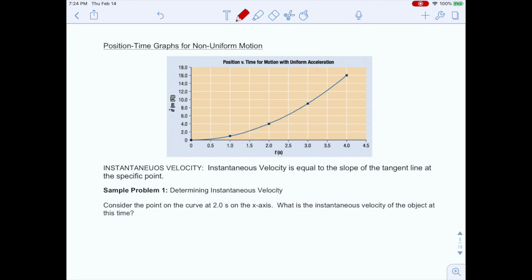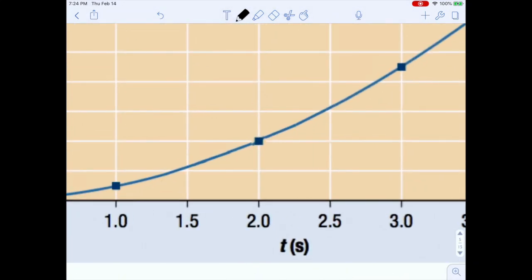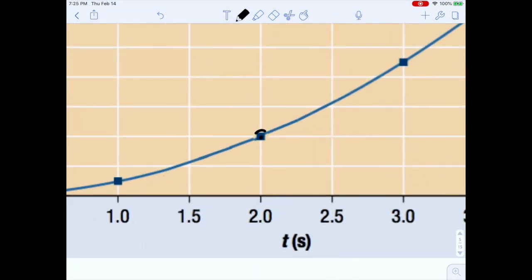So what if we wanted to know the velocity of the object at a particular moment in time? For example, what if I wanted to know the instantaneous velocity of the object at 2 seconds? Well, let's take a look at this graph at the point t equals 2 seconds.